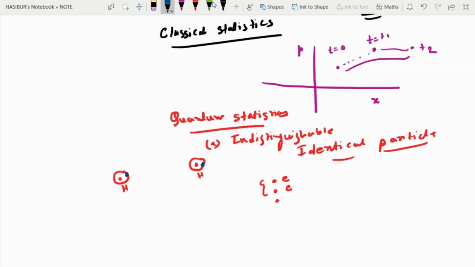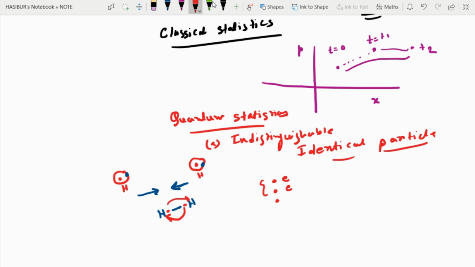Now when these two hydrogen atoms come close to each other, what happens? There will be a bond. The electron of this hydrogen atom can be shared by the other hydrogen atom also, and the electron of the other atom can be shared by this one also.